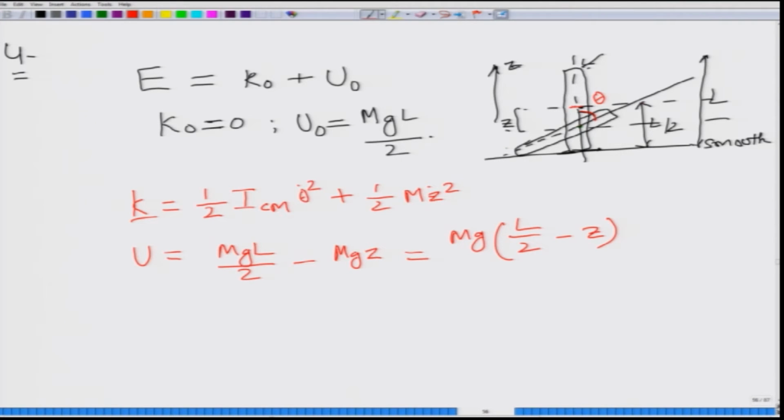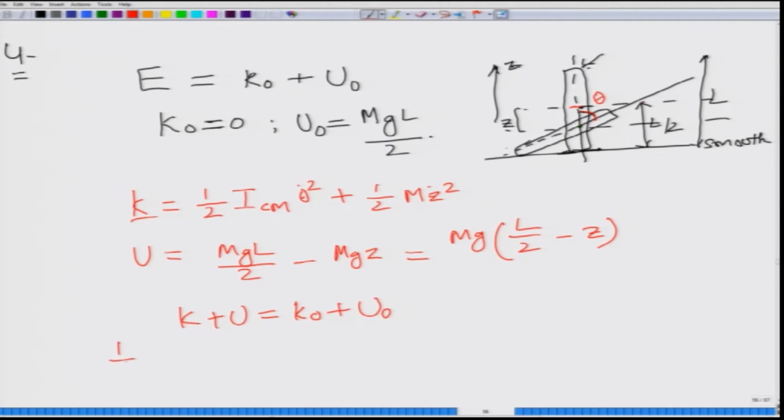Now, since this surface is smooth, there is no dissipation of energy, we can use conservation of energy here. So, conservation of energy suggests that we can write K plus U is equal to K naught plus U naught.